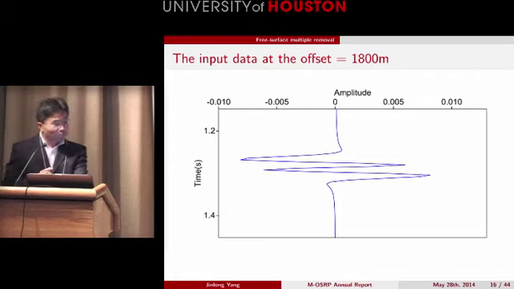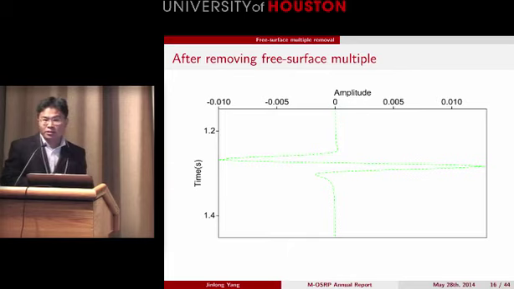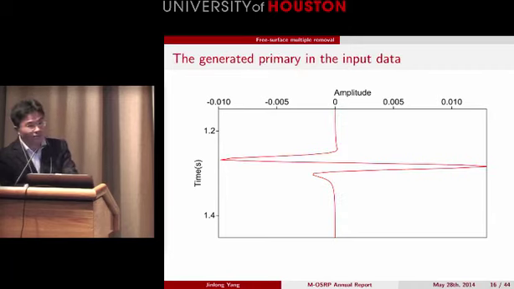After free surface multiple removal using Carvalho's algorithm, this is the primary. Because the Carney-Hooke method can also generate only the primary, we can compare this result with the generated primary. This is the generated primary, so we can look back and forth.